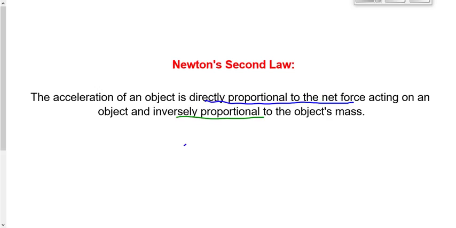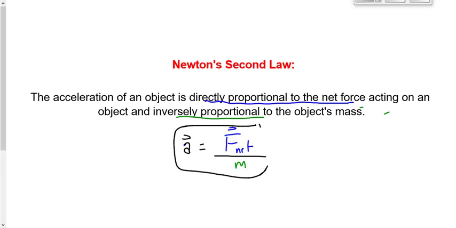So A, the acceleration, is equal to the net force over the mass: A is equal to F net over M. Newton's second law says this in words, and mathematically, it just says A is equal to F over M.